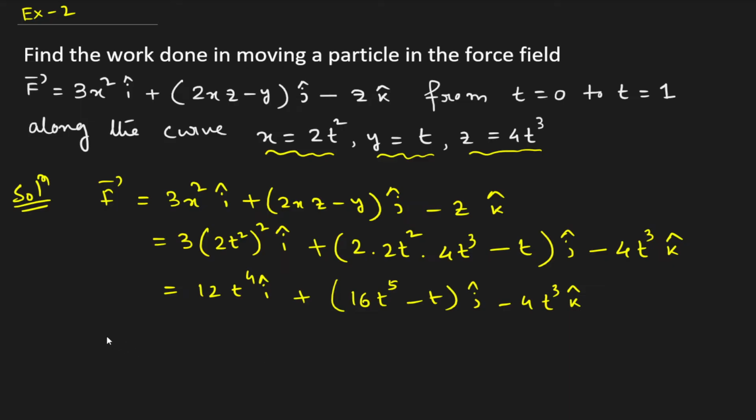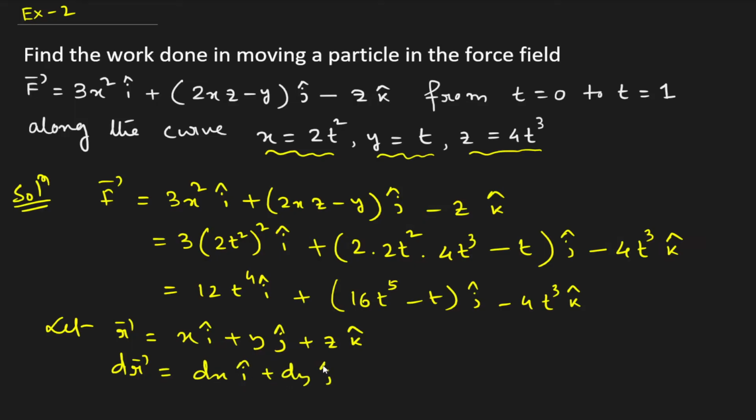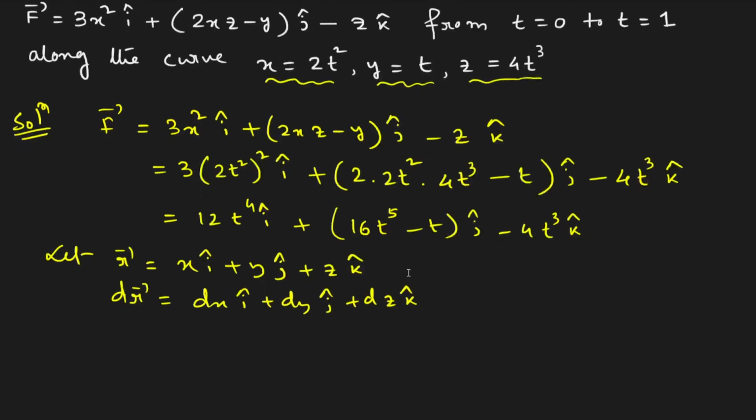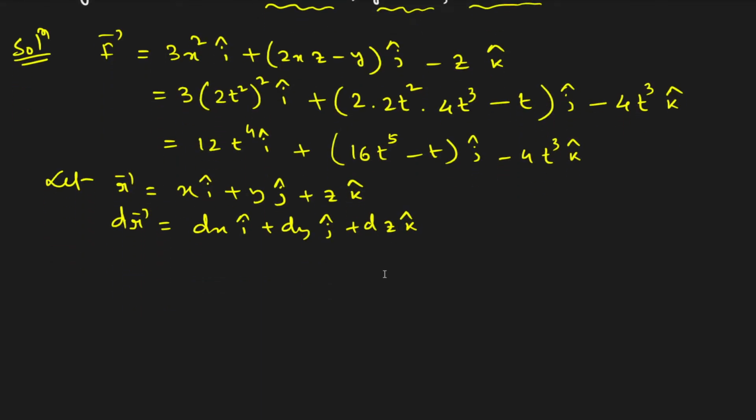Then r bar. What is r bar? R bar is x i cap plus y j cap plus z k cap. So then dr will be dx i cap plus dy j cap plus dz k cap. Since these are also in terms of x, y, z, we have to convert them.